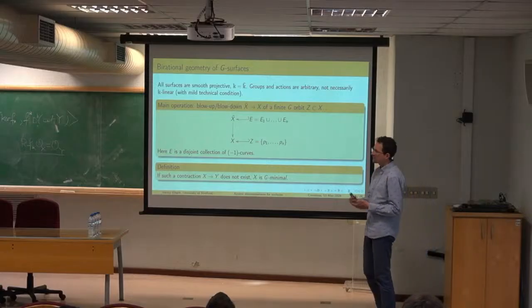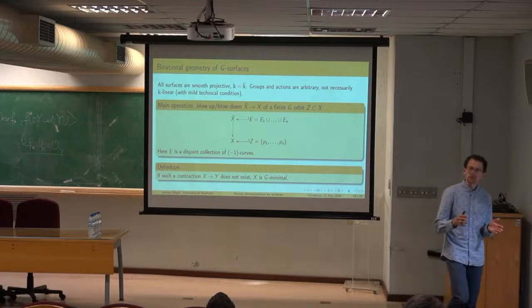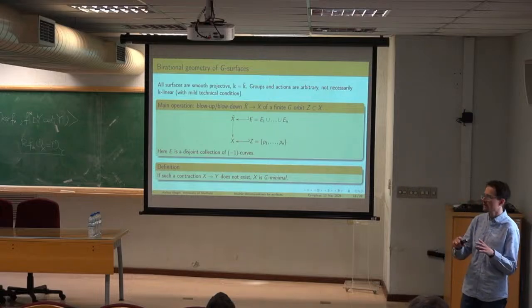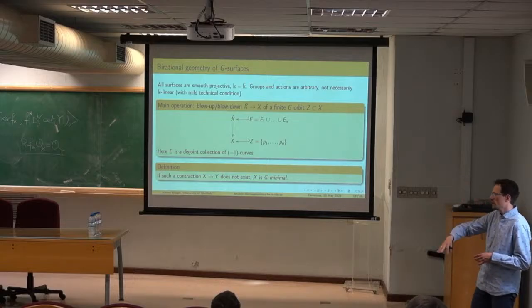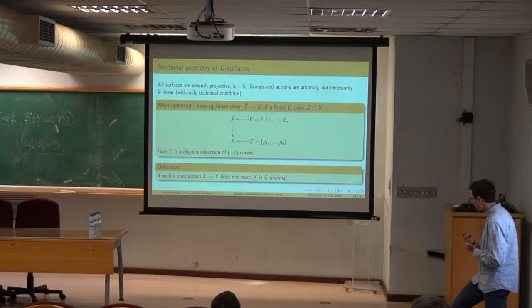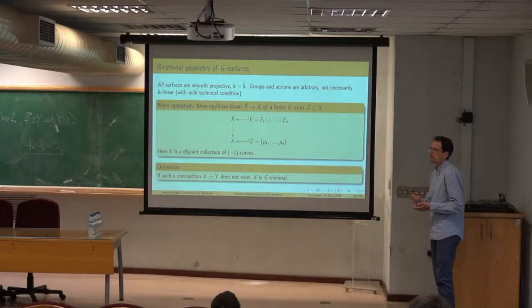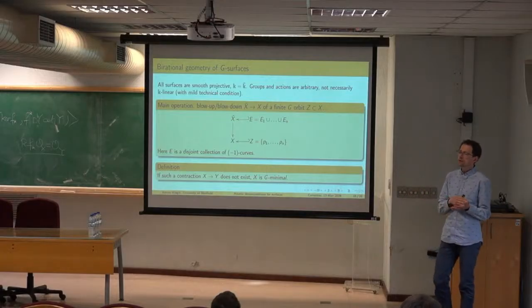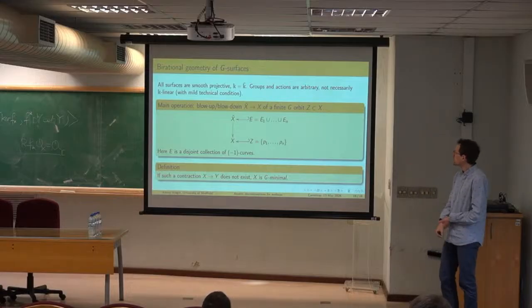And the inverse operation is the G-equivariant blow down, if we have a disjoint collection of -1 curves that belong to one G-orbit. We can contract them simultaneously and get a smooth G-surface. Any G-birational isomorphism is decomposed into blow-ups and blow-downs of such orbits.